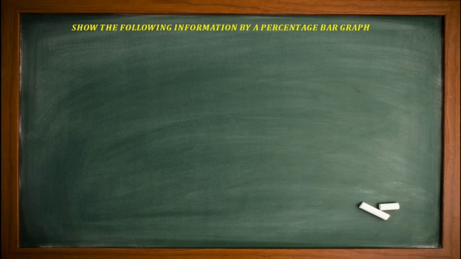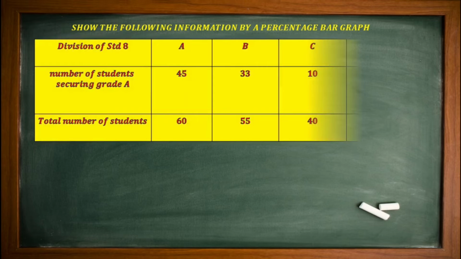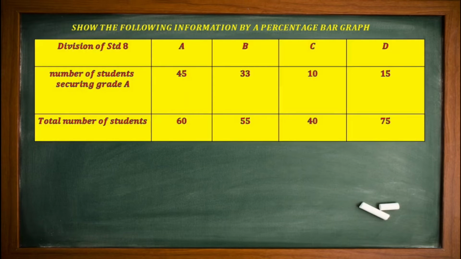Now we'll move to exercise practice set 11.3, and we are supposed to solve the first question: show the following information by a percentage bar graph. The table is on your screen, students: the divisions of standard 8, A, B, C and D, and the number of students scoring grade A and the total number of students.